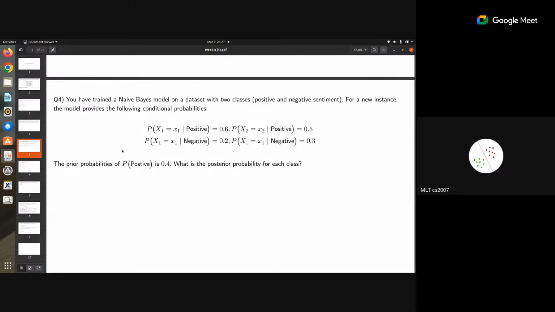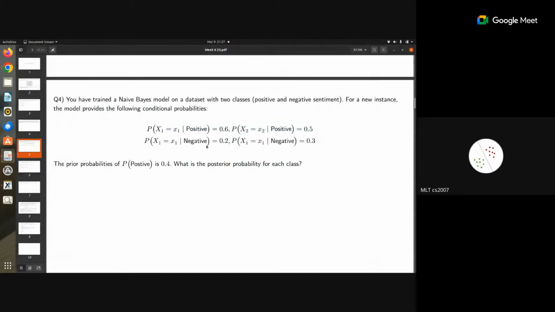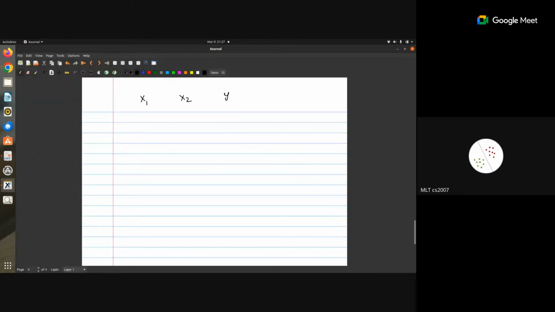Okay, maybe I'll start writing down all of these things which are written there. How many features are there? X1 and X2, right? There are two features and there is label Y here. Okay, I think that's fine, right? And you have two values.